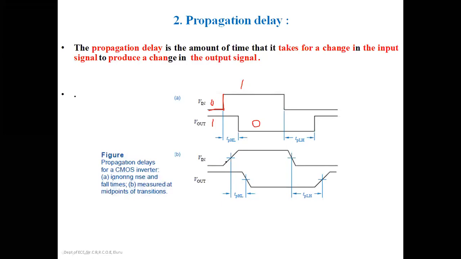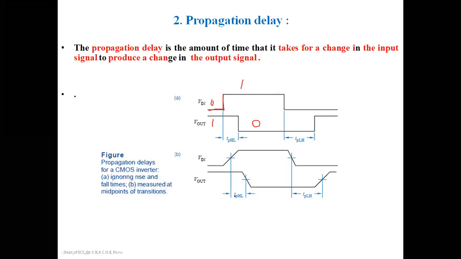Here it is calculated at the 50% of the input and output values. See, exactly at the half of the input response and exactly at the half of the output response.